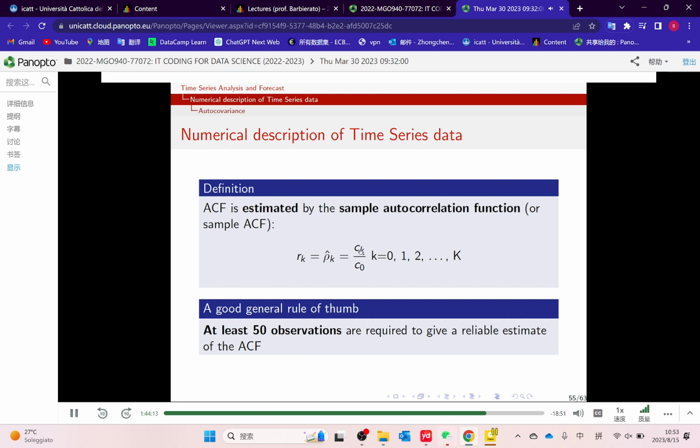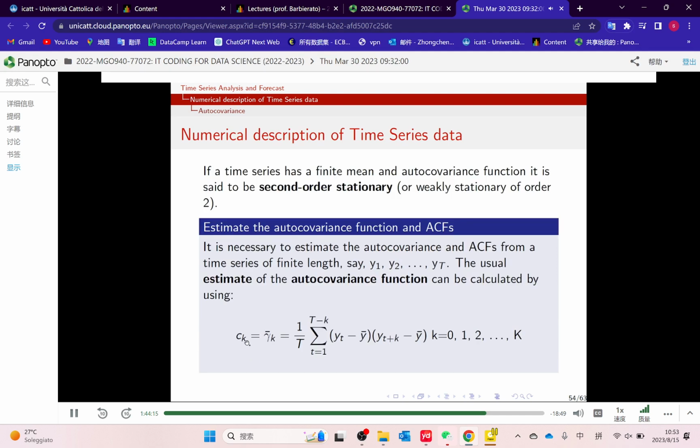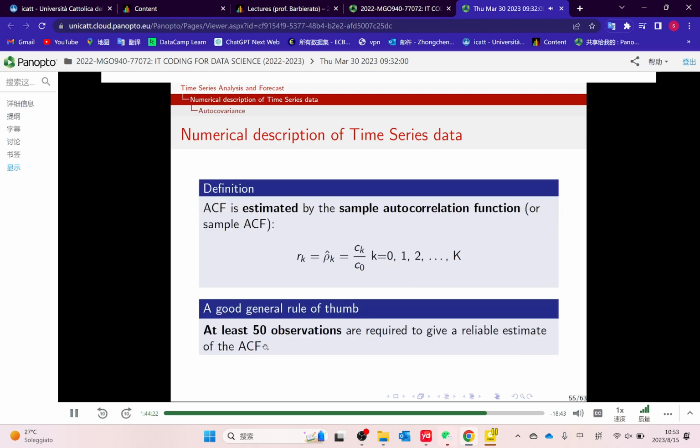So you have to take the CK you calculated in this step. Your lag can be anything, but you divide by the same quantity for lag equals 0, which is the one that you calculated at the beginning.